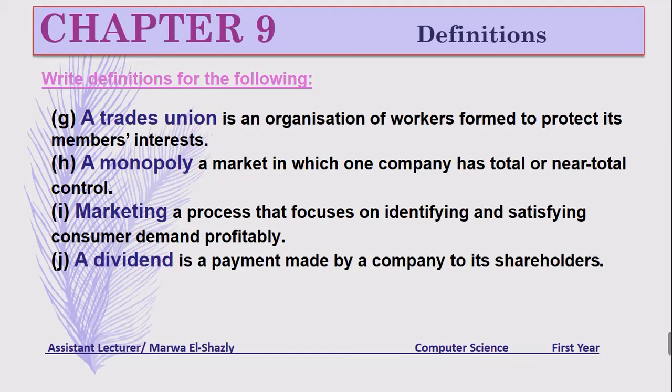A dividend is a payment made by a company to its shareholders. Dividend means yes هي الأرباح اللي بتدفع من قبل الشركة للشيرهولدرز بتوعها أو المساهمين فيها يعني.